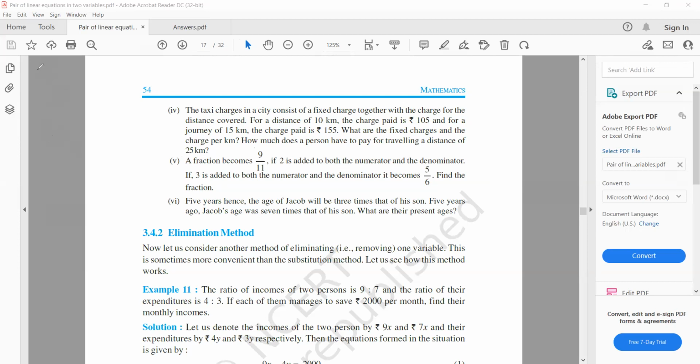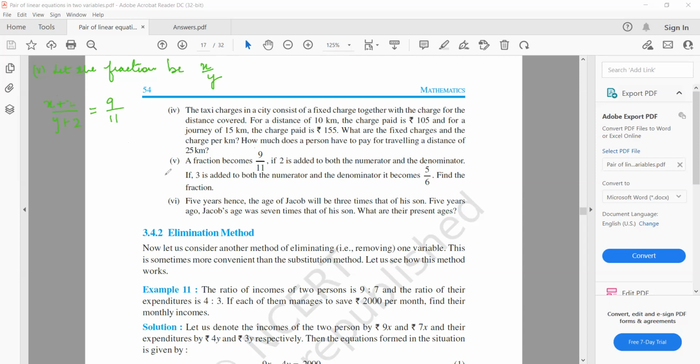Let the fraction be x upon y. Now, if 2 is added to both the numerator and the denominator, I add x plus 2 and y plus 2, and the fraction becomes 9 upon 11. Clear?